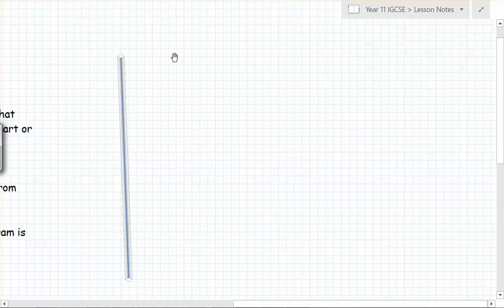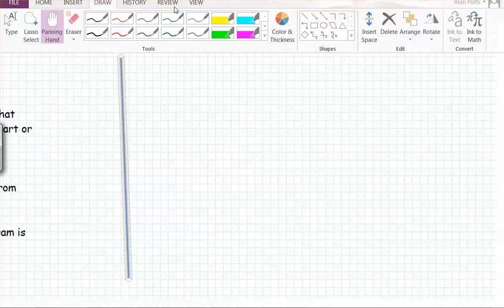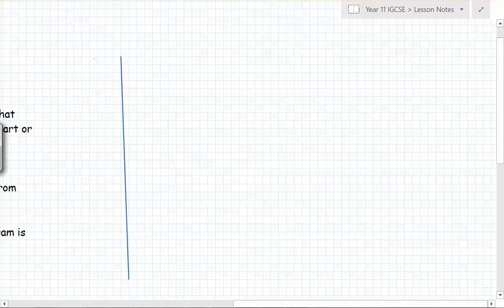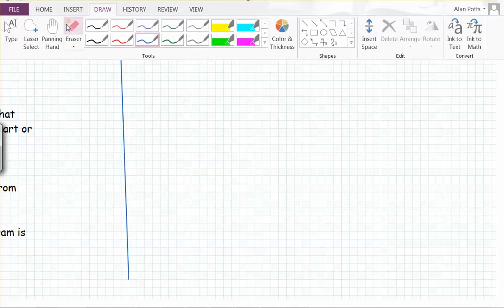So a stem and leaf diagram has obviously a stem and it has leaves. Okay? My line's gone quicker, hasn't it?